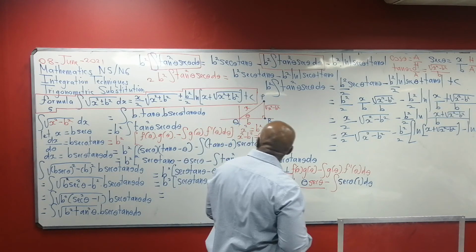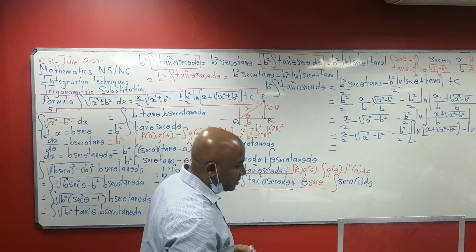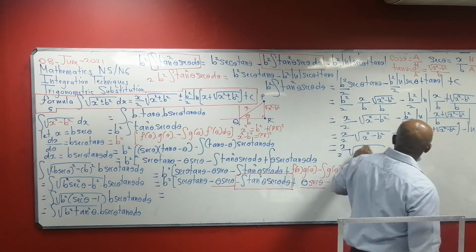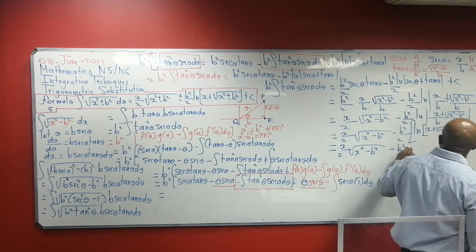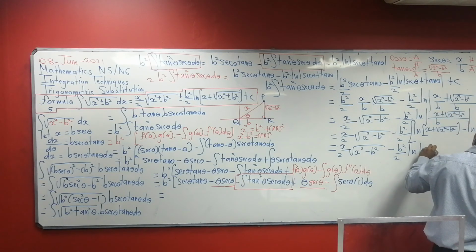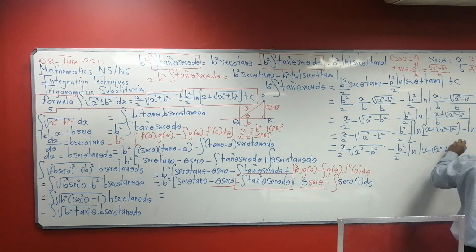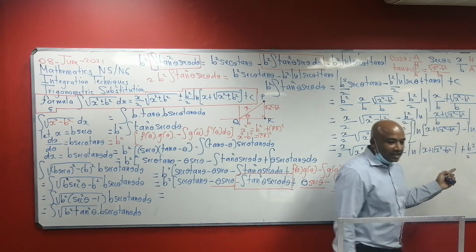Let me see. Is there anything I'm missing for it to cancel there? I don't think so. If I remove the brackets here, that becomes minus b squared over 2 ln of x plus the square root of x squared minus b squared, and then the minus will give me a plus b squared over 2 ln b, which basically has no x in it.